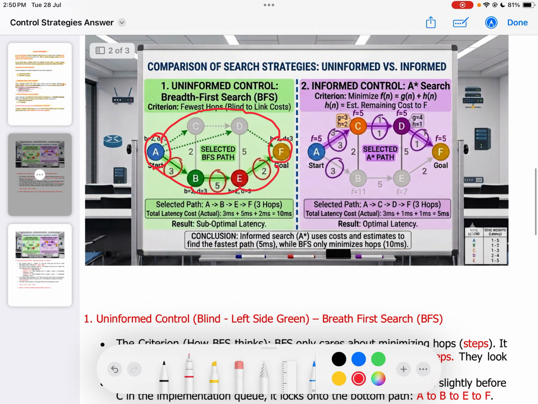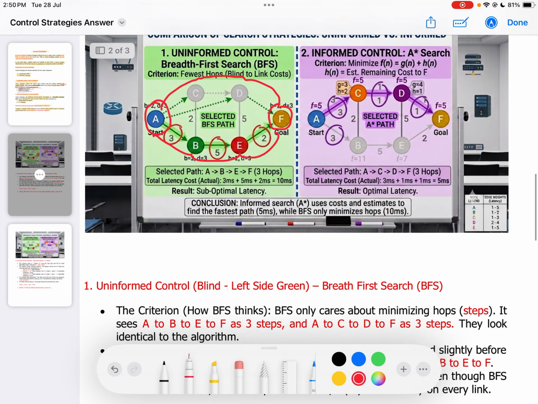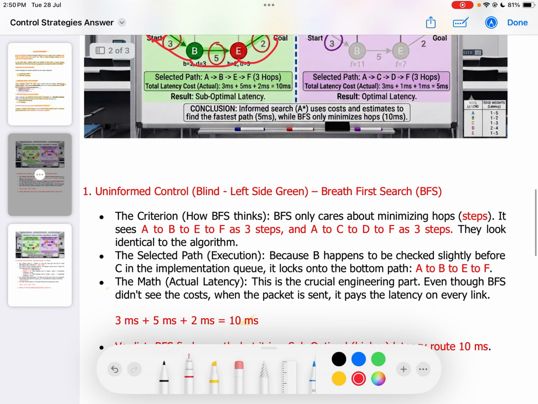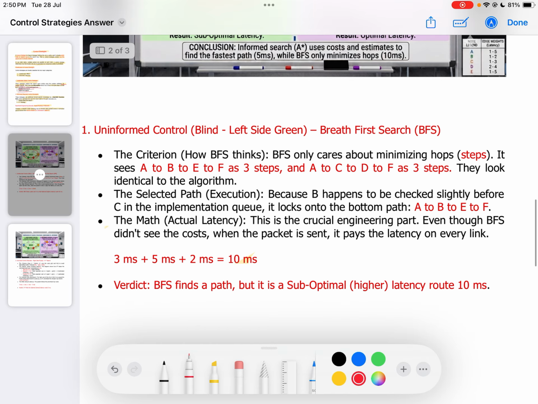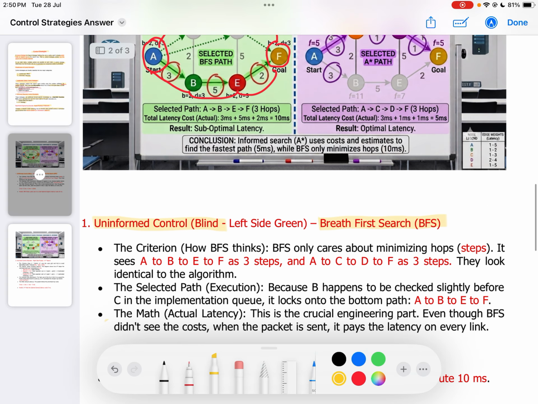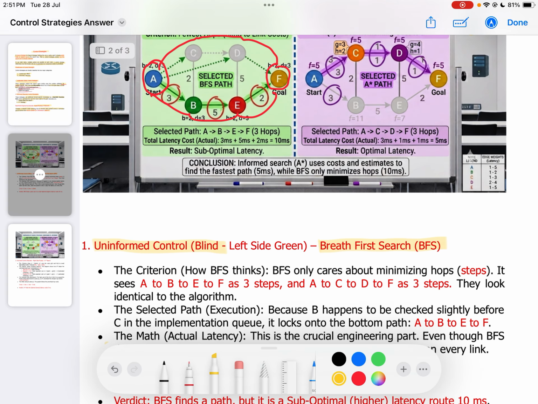Now, let's look at how uninformed search works. It's a blind search. Breadth first search is one of the uninformed search examples.